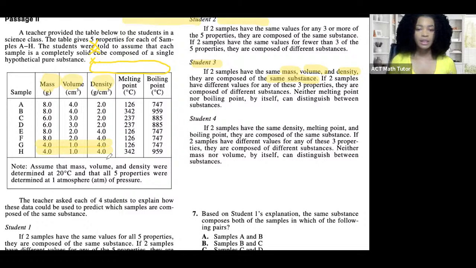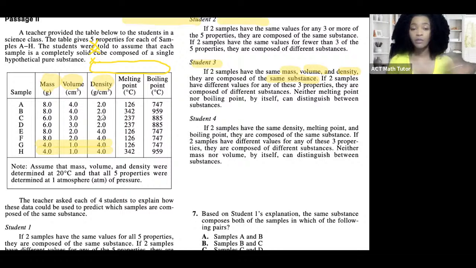Now you will see I had to do some back and forth flipping. When you are taking the actual test in a paper booklet, it should be like a left and right page, so you won't have to do that kind of back and forth, just gonna look left and right. And you probably would have noticed right off the bat, oh, well, I see mass, volume, and density kind of right here. As soon as you notice the correct answer, just go ahead and mark it and move on.